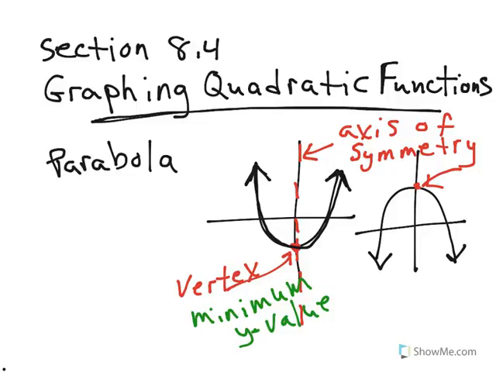When the parabola opens downward, as in this parabola, the vertex has a maximum value for y.